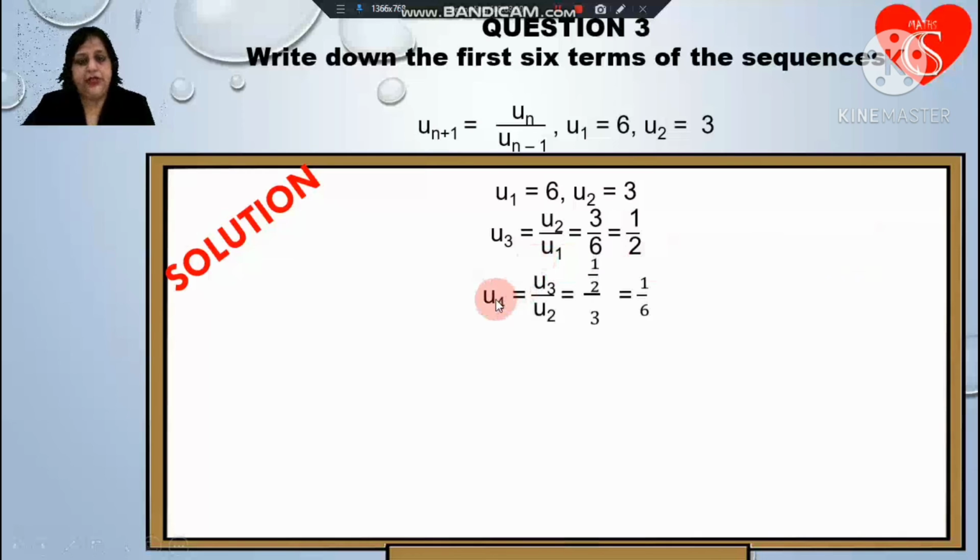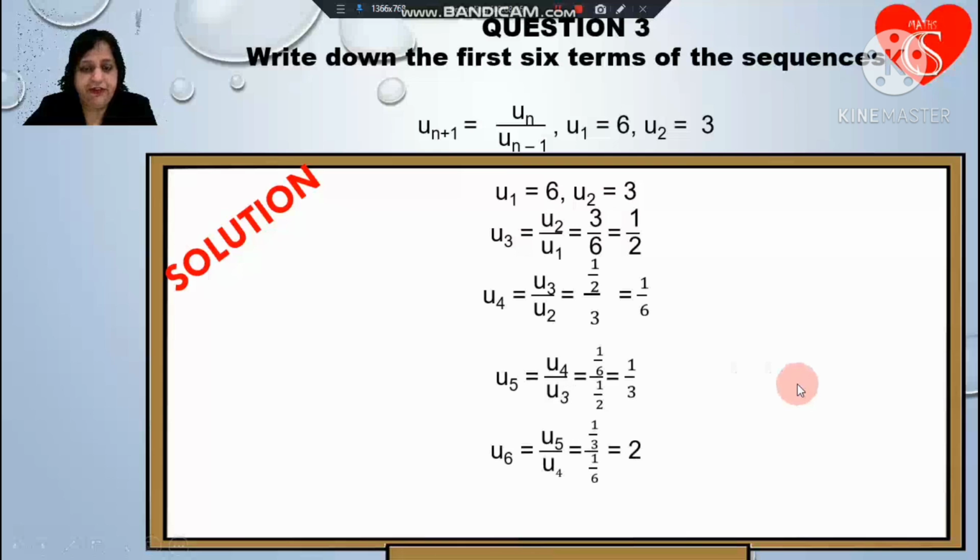The next one uses the same pattern, the same formula. So for the fourth term, the n that we are referring to here is 3. So it's actually the third term divided by the 3 minus 1 term, the second term. Therefore your fourth term is equal to the third term divided by the second term, which will give you 1/6.